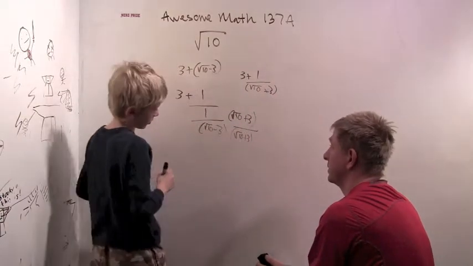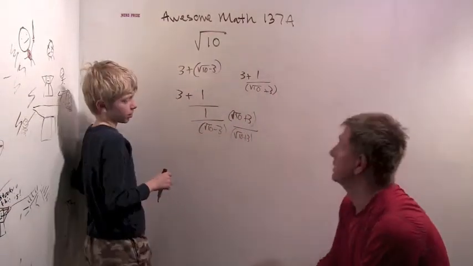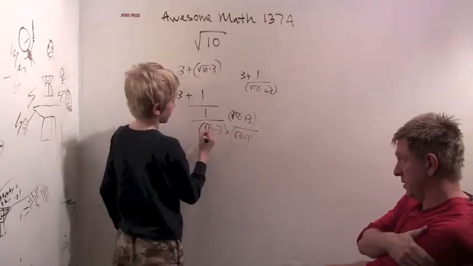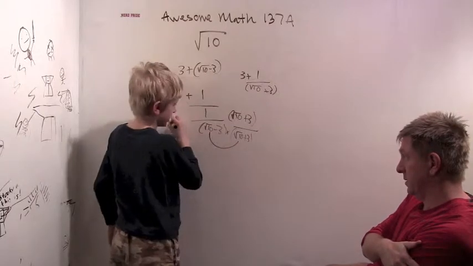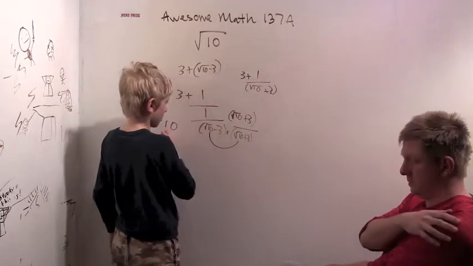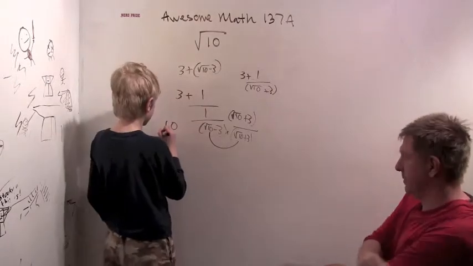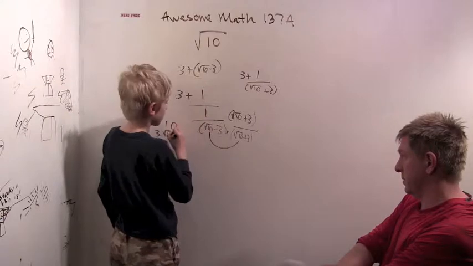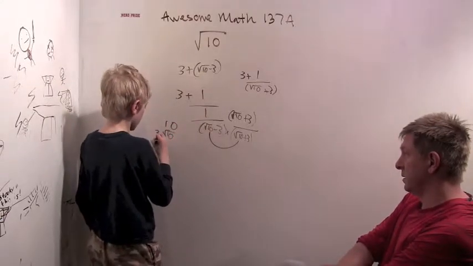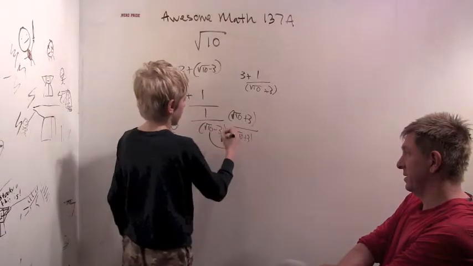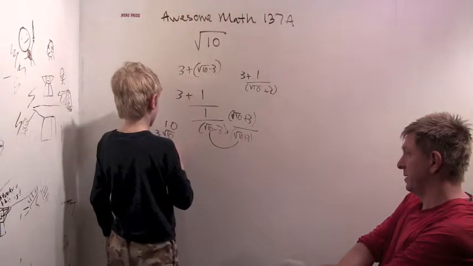And then in the denominator we have to do the square root of 10 minus 3 times the square root of 10 plus 3. So we get 10, and then 3 times the square root of 10, and then minus 3 times the square root of 10, and then minus 9.